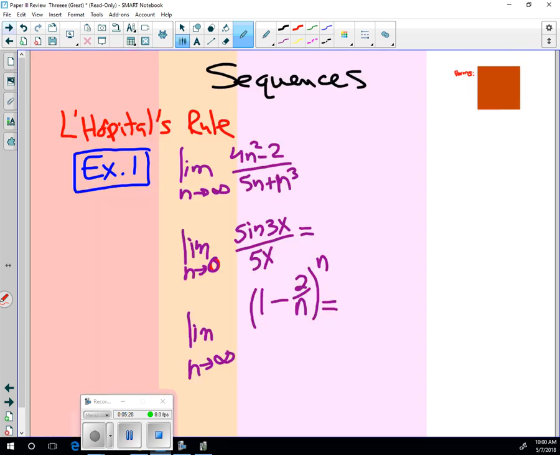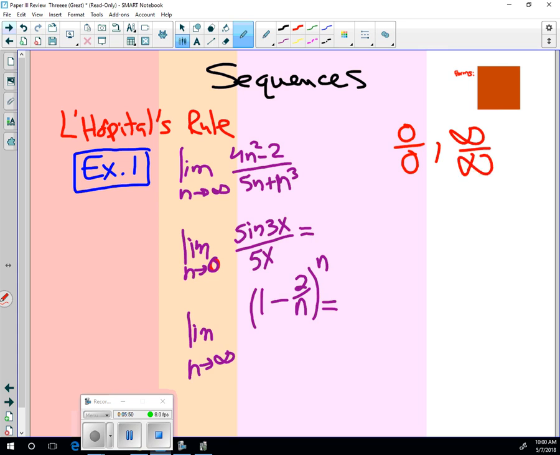Next, L'Hopital's. With L'Hopital's rule, we had 7 different indeterminate forms. Do you remember any of them? 0 over 0 is one, the most common that you would see. Gabby, are you okay? All right. Infinity over infinity, that's another one.